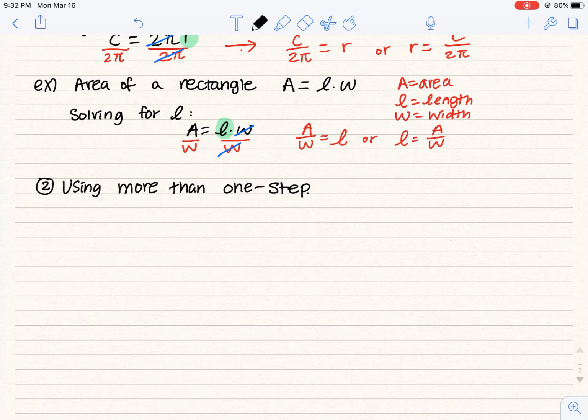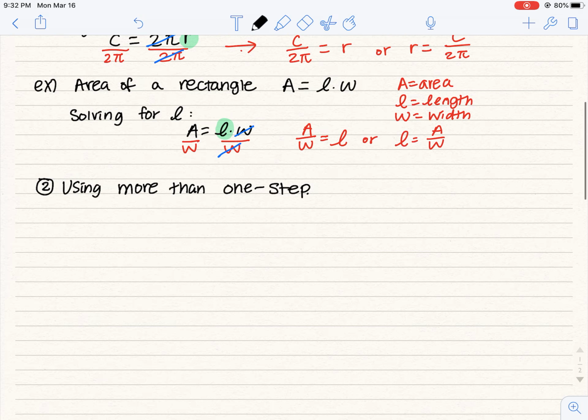Let's see, the formula to find the perimeter of a rectangle, not an area. So before we used area, now we are going to use perimeter.